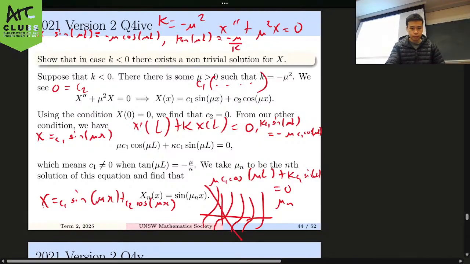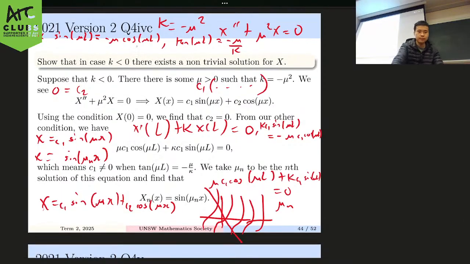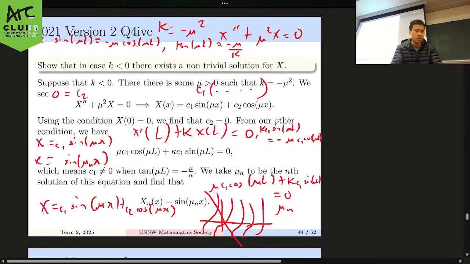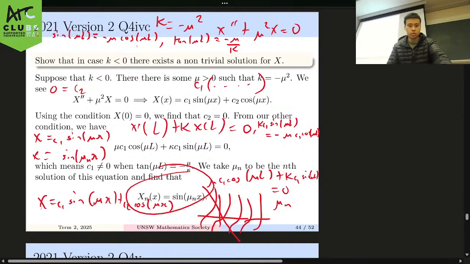By that logic, X_n of x is equal to sine of mu n x. So that is a solution. It just says here there exists a non-trivial solution. Whether we have the C1 or not doesn't matter in this question. But yeah, that's how you do this one.